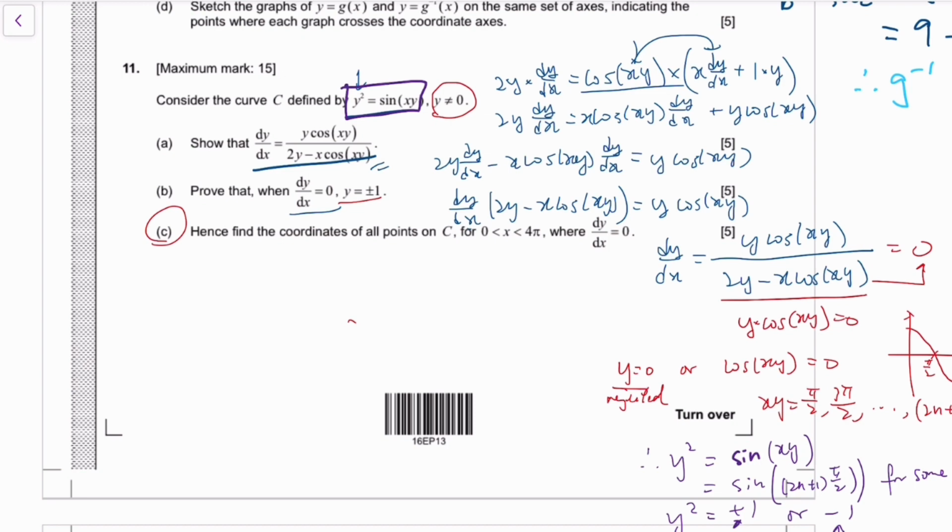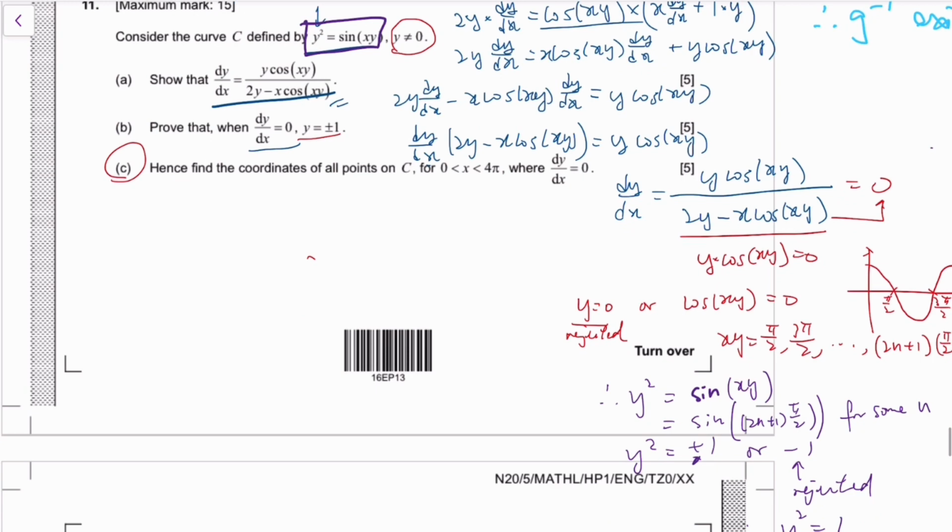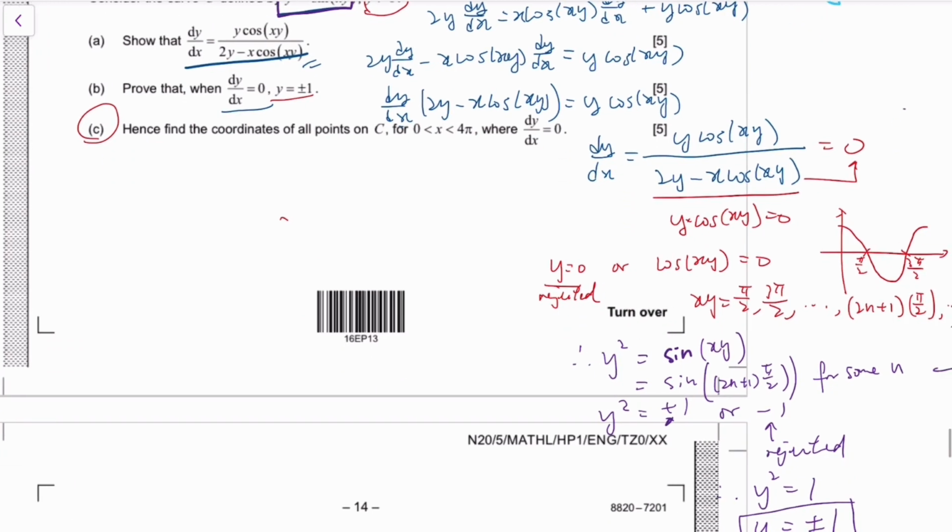And hence, find all the points where the derivative is 0. So the range of x is from 0 to 4 pi. Then I'll go back to here.